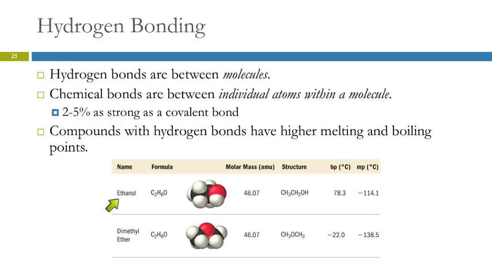So if we compare ethanol and dimethyl ether. Ethanol has an oxygen-hydrogen bond, and it's a polar molecule that's going to have hydrogen bonding. Dimethyl ether has hydrogens and oxygens, but the hydrogen isn't bonded directly to the oxygen. This one may be a little hard to see in the space-filling model, but what we've got going on there is this.